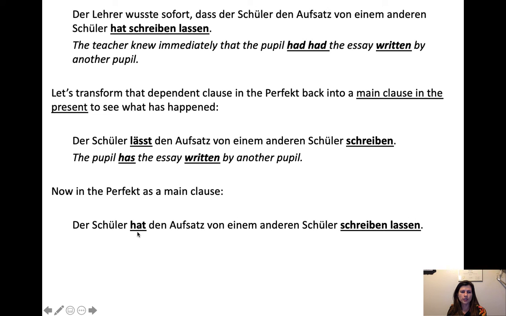So, der Schüler hat den Aufsatz von einem anderen Schüler schreiben lassen, which is just hat plus these two infinitives, and that just indicates the past tense now.